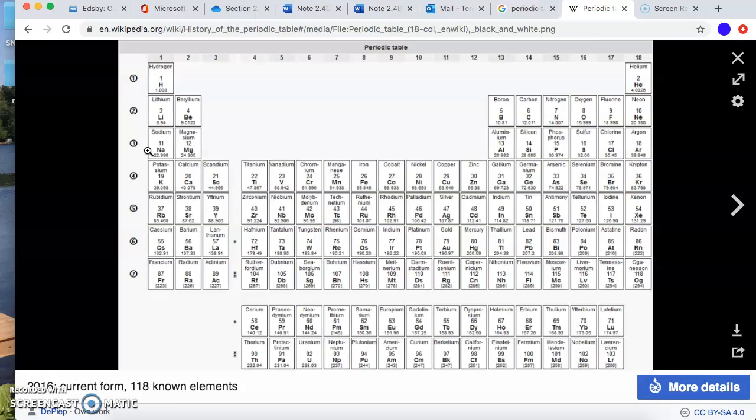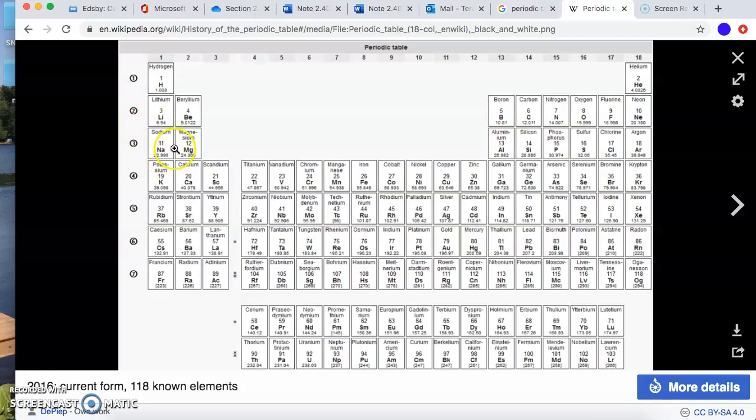Now, because the weight comes from protons and neutrons, we know that if there are 11 protons, which give it 11 weight, we have to have 12 neutrons to get up to a weight of 23. So protons plus neutrons equals the weight. And we do a little bit of math to figure out how many neutrons there are.